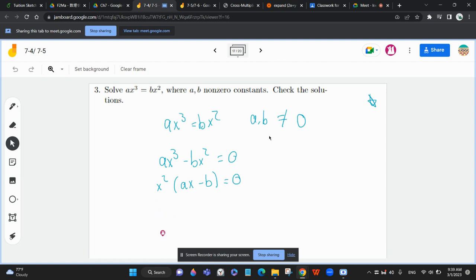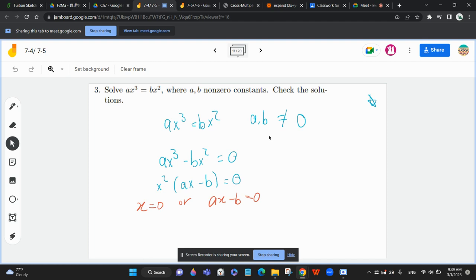Okay, so firstly we know that x equals 0 is one solution, right? And then the next one is ax minus b equals 0, right?